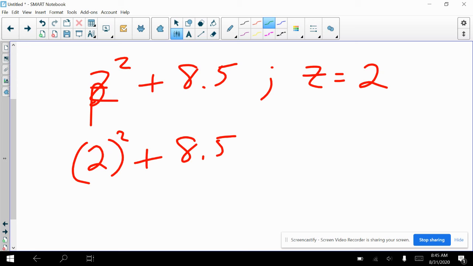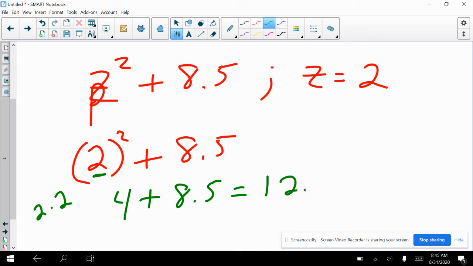So you take the number here, that's called your base number. You multiply it by the exponent. So here we get 4 plus 8.5, which is going to give us 12 and 5/10.